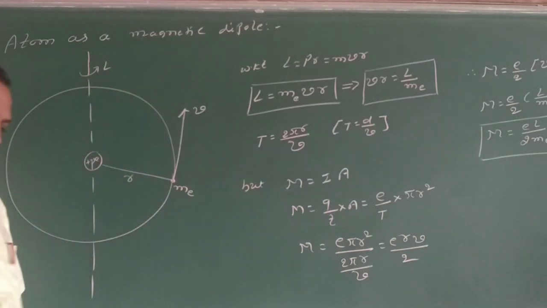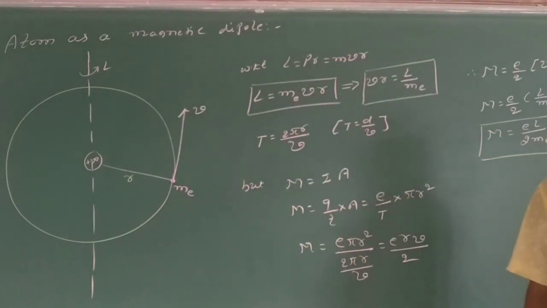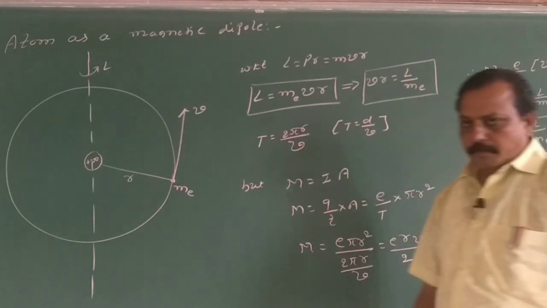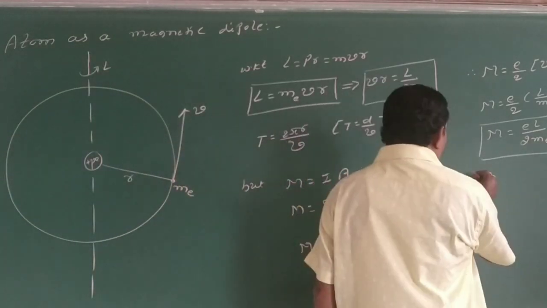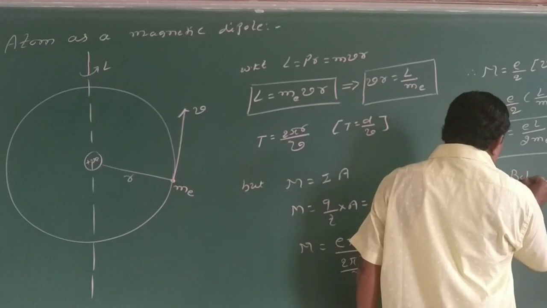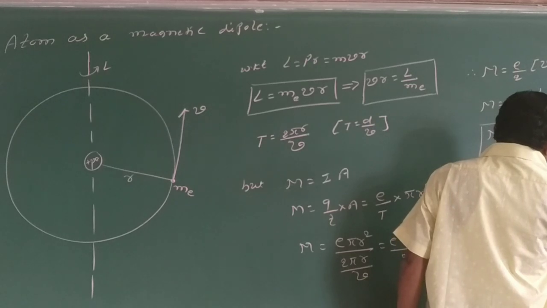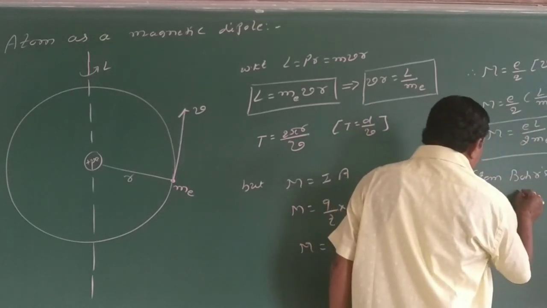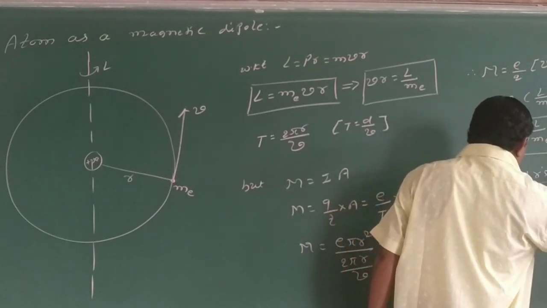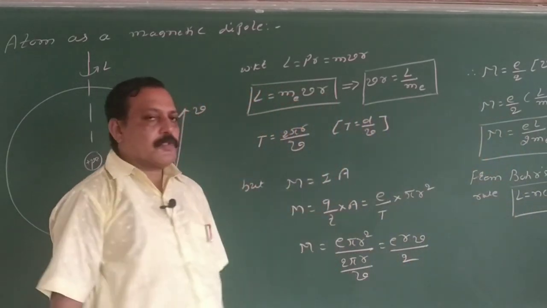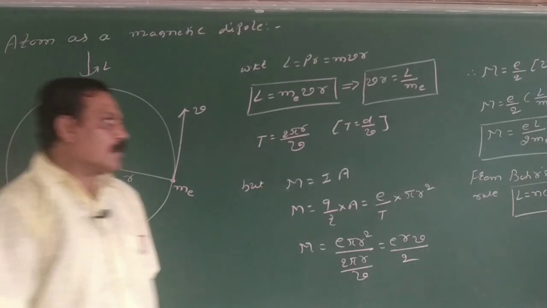When I come across a single electron in only one orbit, then I go for Bohr. According to Bohr's quantization rule, angular momentum L equals an integral multiple of h divided by 2 pi. We have the proof for that in atomic physics. Shall I substitute L here?